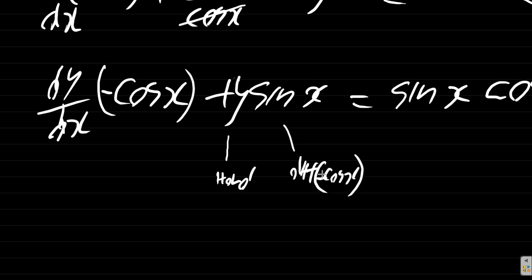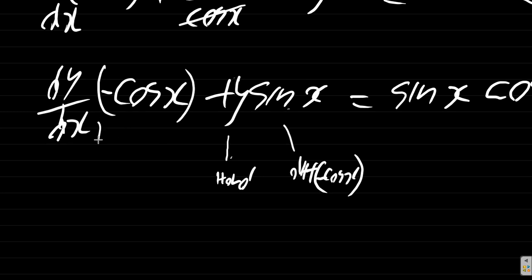When you differentiate negative cos, you get positive sine. When you differentiate sine, you get cos. But when you differentiate cos, you get negative sine. So when you differentiate negative cosine, you get positive sine. So this sine is a derivative of negative cos.